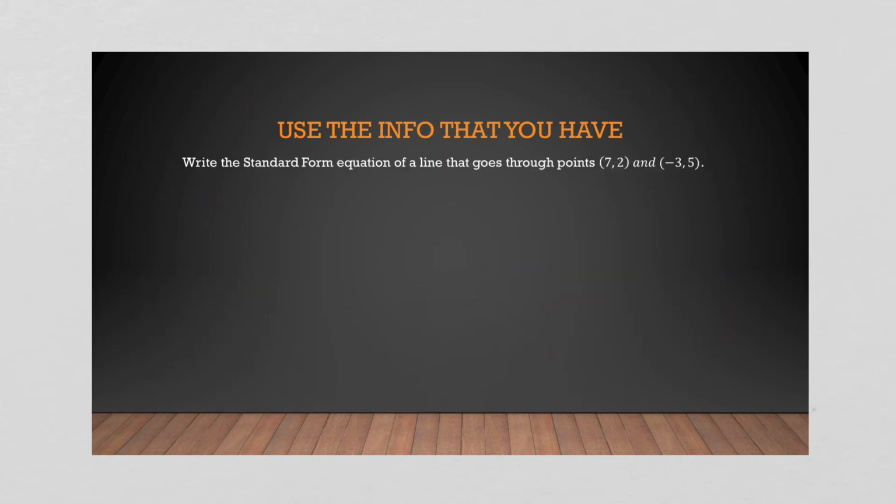Now, what if we're only given 2 points? Well, we can't use any of the equations we have yet because we have slope intercept form, we have point slope form. So we need the slope, right? Because we can't throw anything into standard form. It just doesn't work. So we have 2 points though.